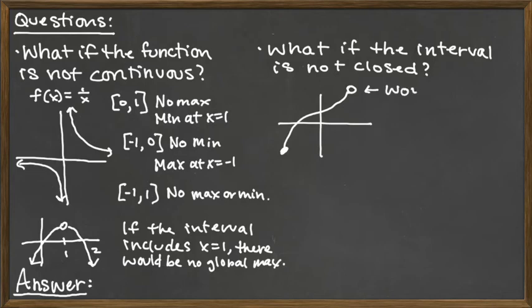I'll say that would have been a max. But the interval would be open here and perhaps closed here, whatever those values are. If we take out an endpoint of an interval, it's like taking out the top point, or perhaps the bottom point, depending on what your function looks like.